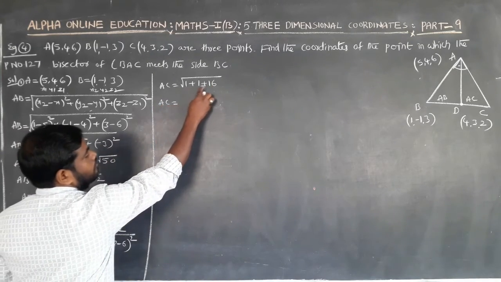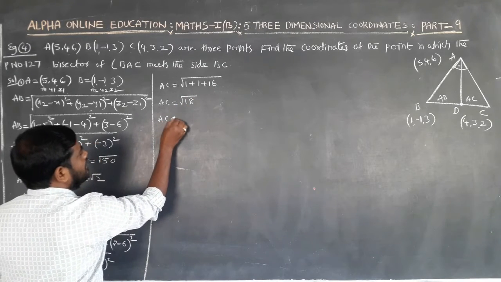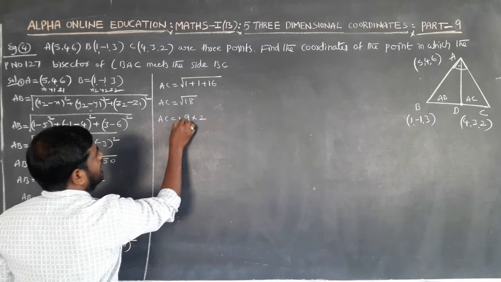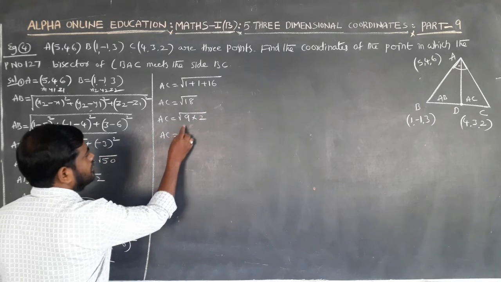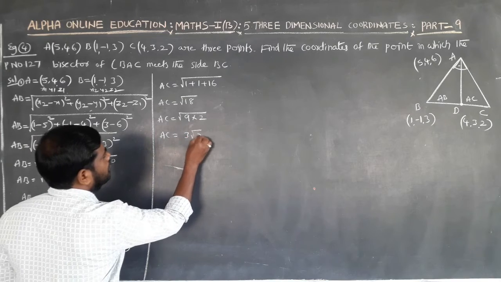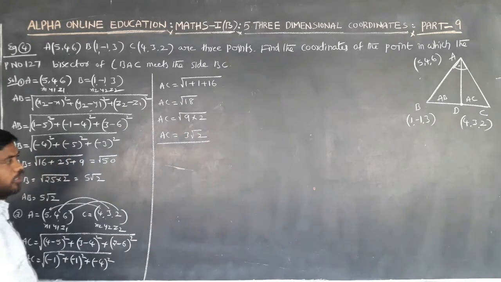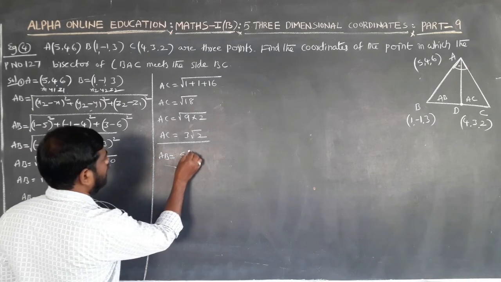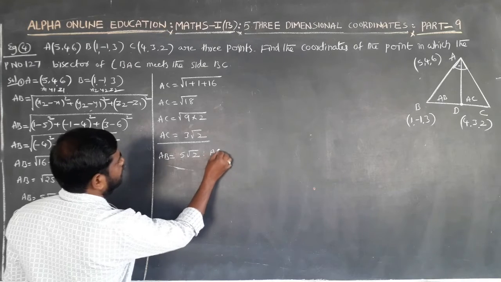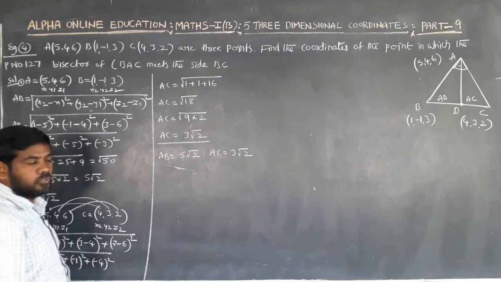AC equals 1 plus 1 plus 16, 18. AC is equal to root 18, which is root of 9 twos, so AC is equal to 3 root 2. AB is equal to 5 root 2 and AC is equal to 3 root 2.